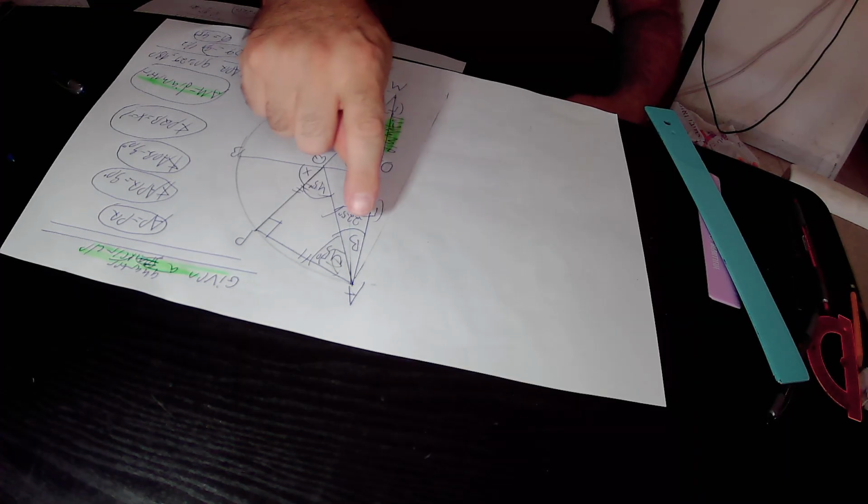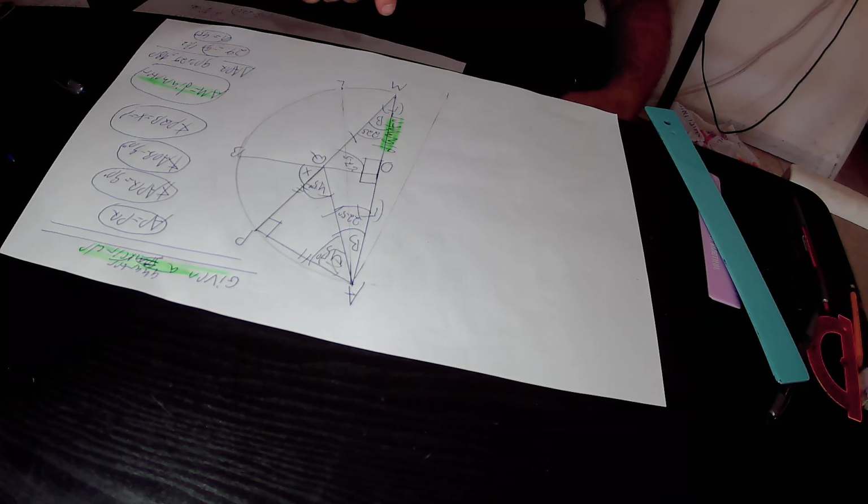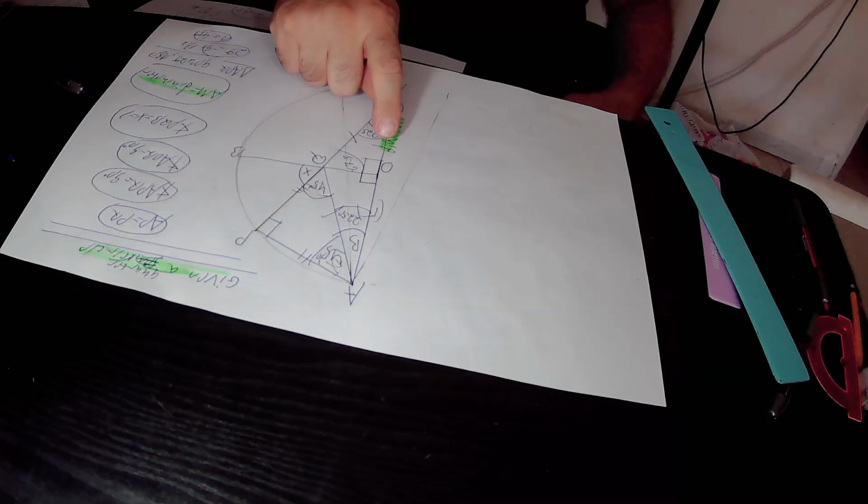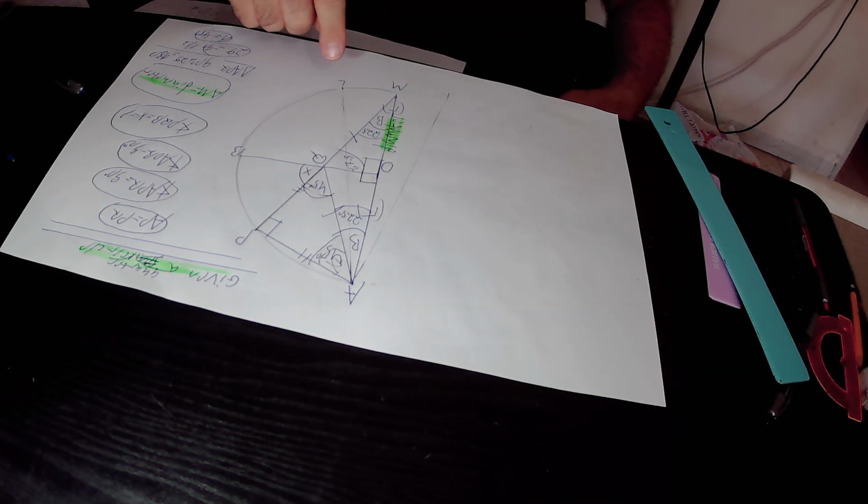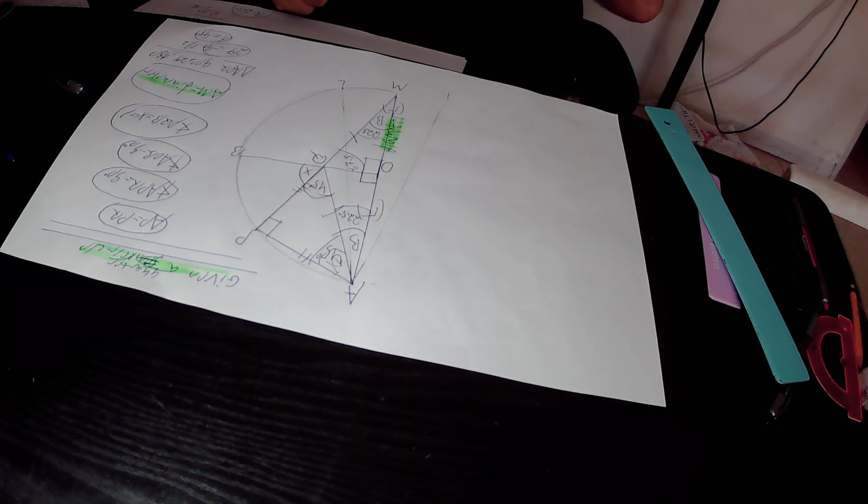But AL is definitely not the diameter of the semicircle because it doesn't pass through point O, the center of the semicircle. We know that any diameter must pass through the center of the semicircle. Therefore, AL is definitely not the diameter of the semicircle.